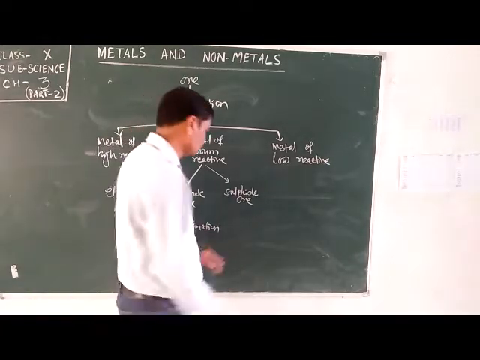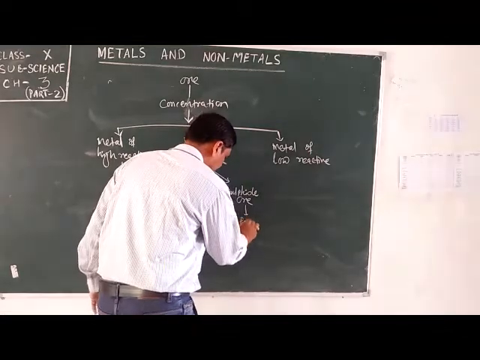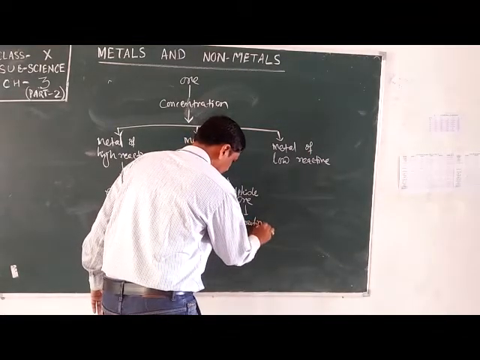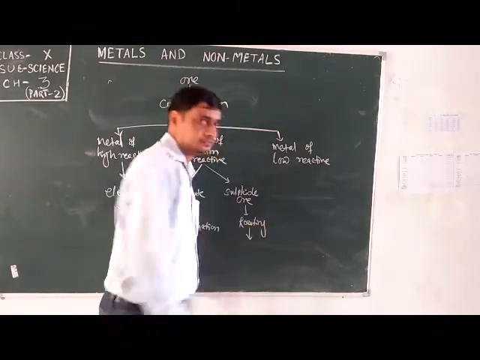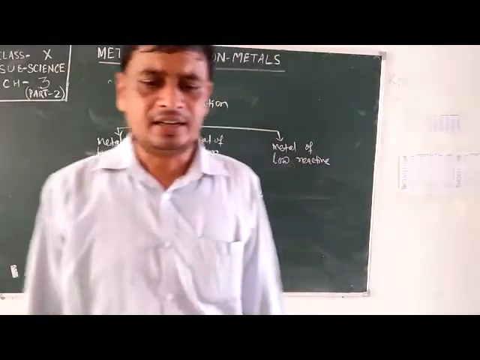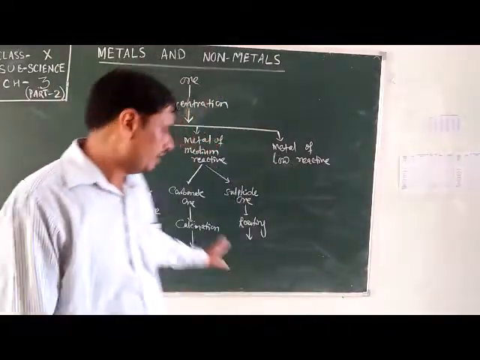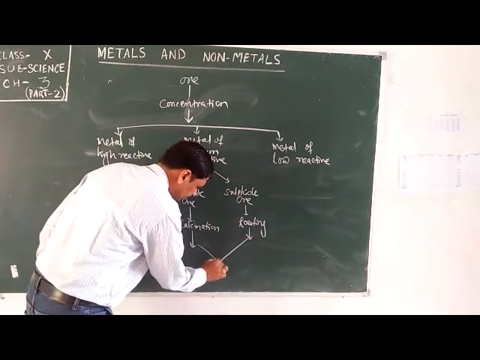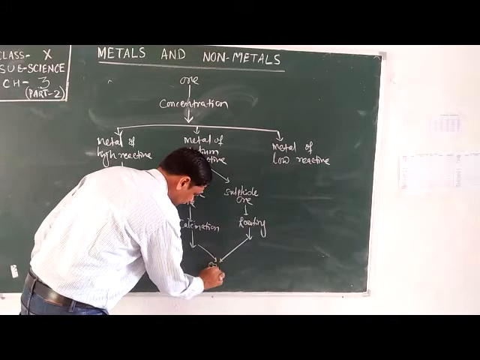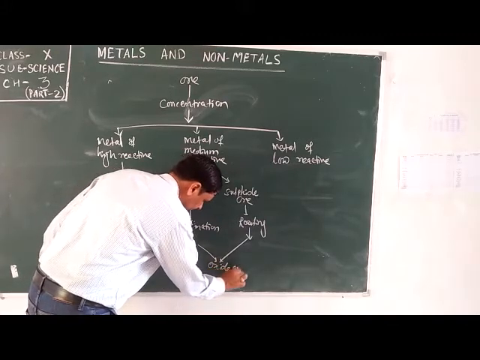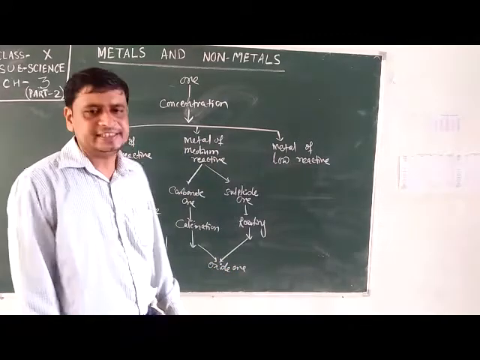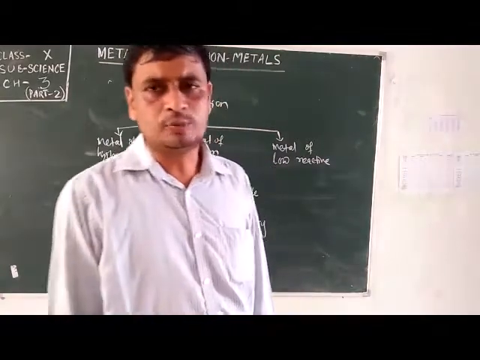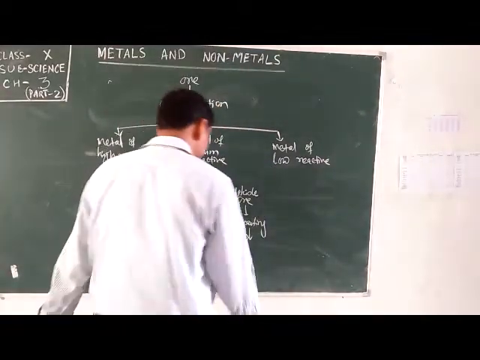If it is sulfide form, then we have to follow roasting. After calcination or roasting, we get oxide form. After getting the oxide form, we have to follow the reduction method.